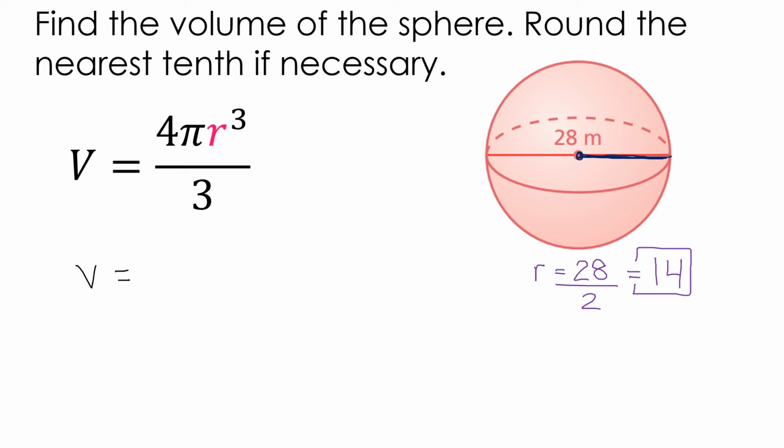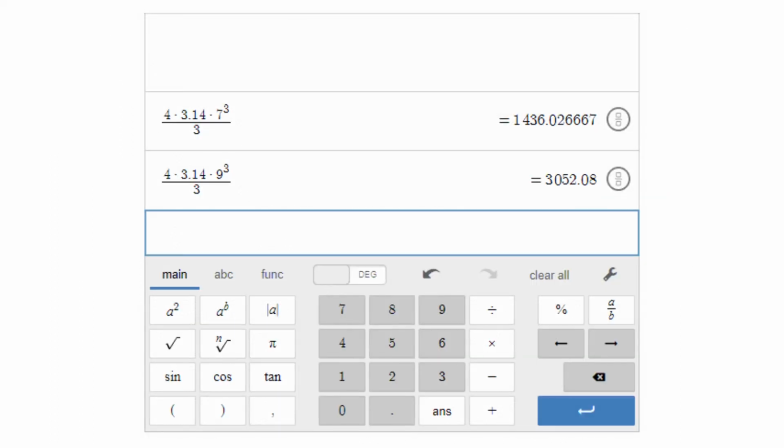Volume equals 4 times 3.14 times the radius of 14 raised to the third power, all divided by 3. Let's get that answer using our Desmos calculator. Hopefully by now you can see why I keep suggesting that you use this calculator instead of your phone.